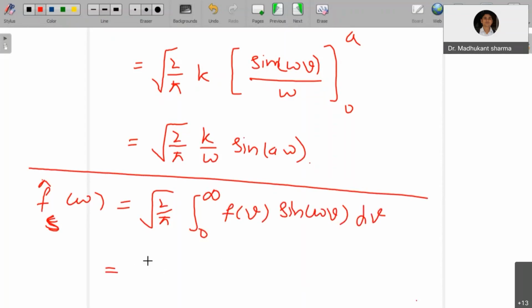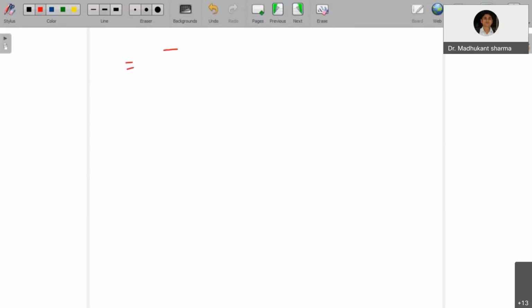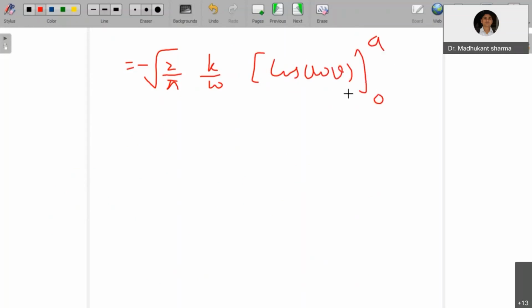So this equals square root of 2 by pi integration 0 to a k times sine of wv dv. Now you can evaluate this integral: square root of 2 by pi k by w with minus cos of wv from 0 to a.